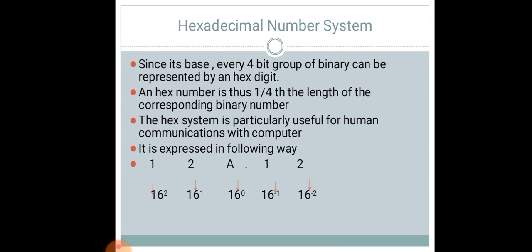So there is a generation of long data and we have to compress that data for machine level language. How do we compress that long data? With the help of the octal number system and hexadecimal number system.